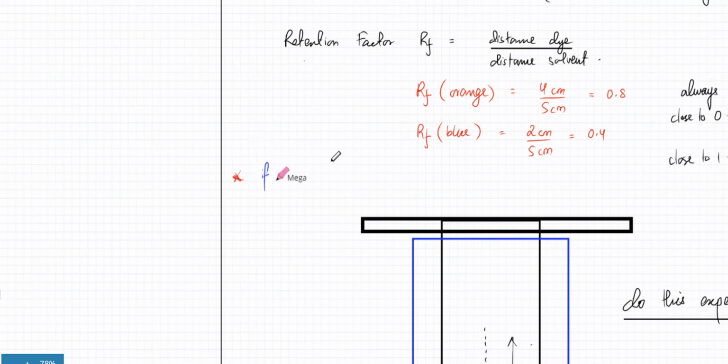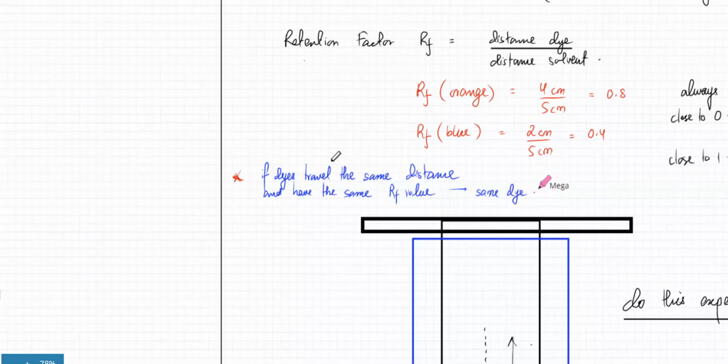In a chromatography experiment, if dyes travel the same distance and have the same RF values, that kind of indicates that they are very likely to be the same dye. For those who missed the class yesterday, I did upload and send you the video.